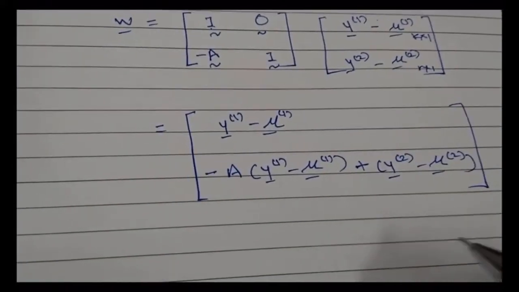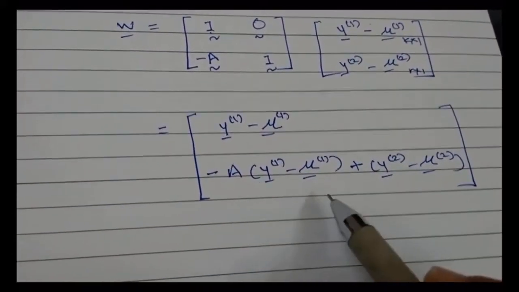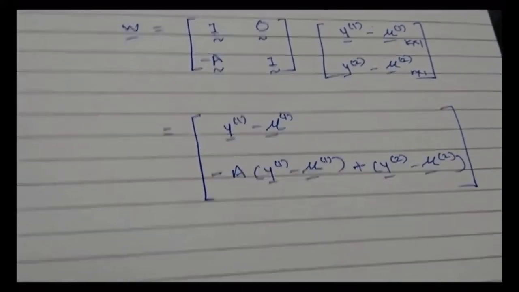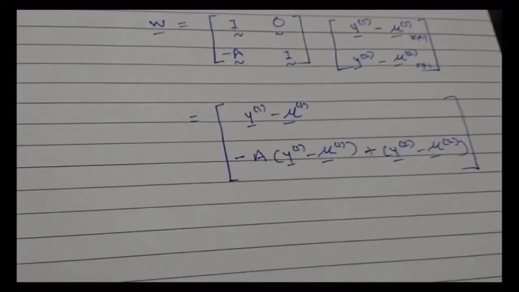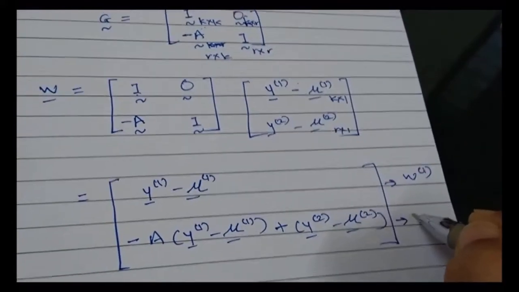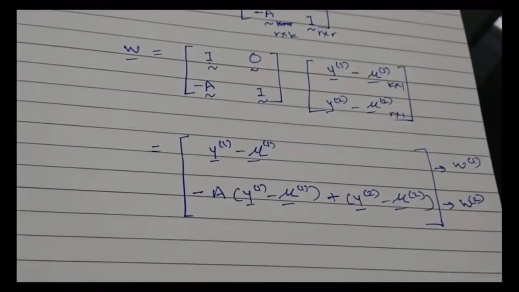Okay, minus A into y1 minus mu1. A is R cross K, this is K cross 1, so the product is compatible, and this is again R cross 1, so we are fine. Now what I have is w, and let me call these, say, w1 and this as, say, w2.